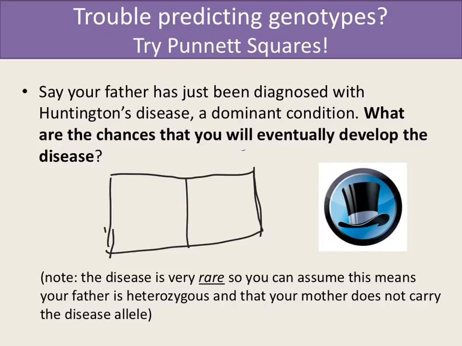We'll say the man's on top. He's got 1 copy of Huntington's and 1 normal. And then the mother has 2 copies of normal.